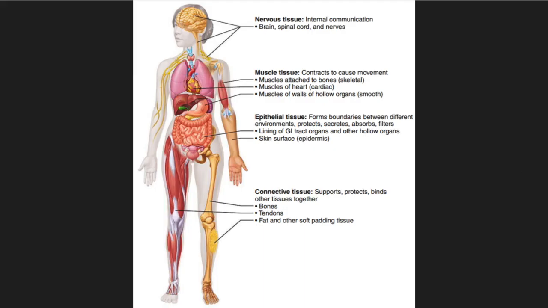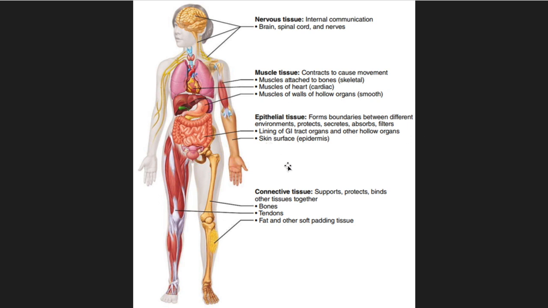But just to wrap up and look at all of the tissues, so you can see where we would find each of them, we have this diagram to look at quickly. Nervous tissue would be in your brain, your spinal cord, and your nerves. Muscle tissue, you have skeletal, cardiac, and smooth. Again, skeletal is attached to your bones, cardiac is in your heart only, and smooth muscle is in the walls of your hollow organs.